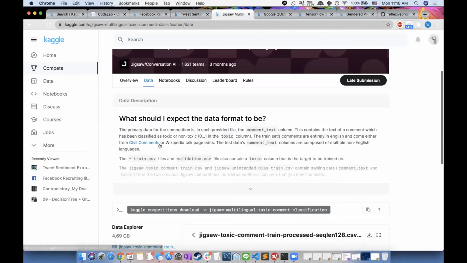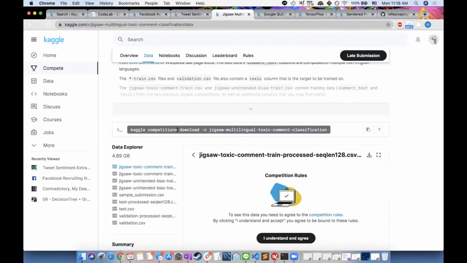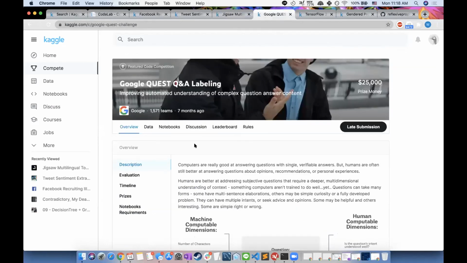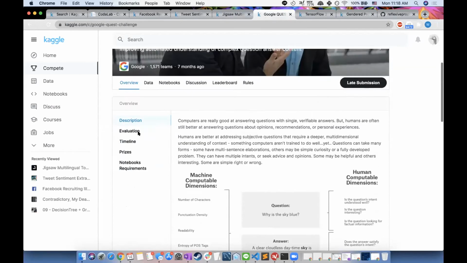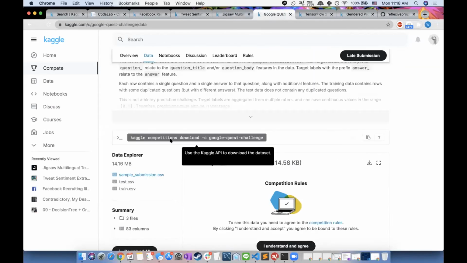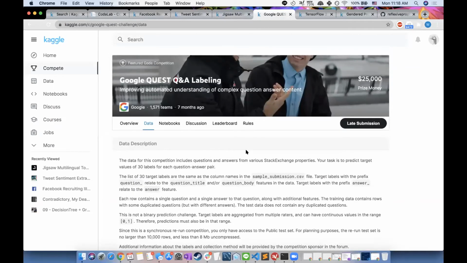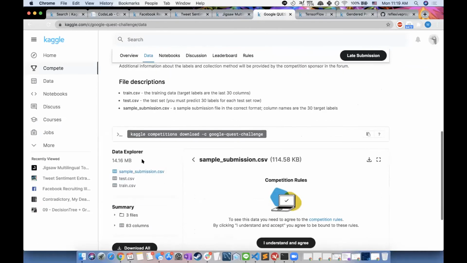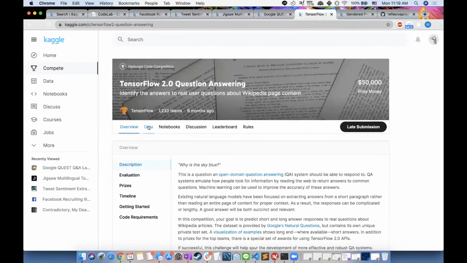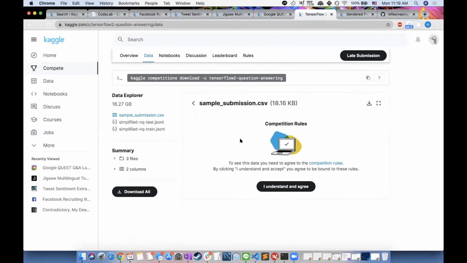So let's look at the data. 4.7 gigabytes. Okay. Check. And also, maybe we start from those with not the huge amount of data. Yeah, absolutely. This 14 megabytes. Most of them are okay. 16 gigabytes.